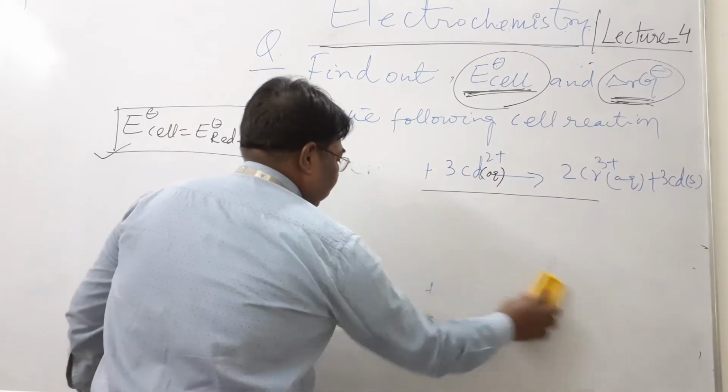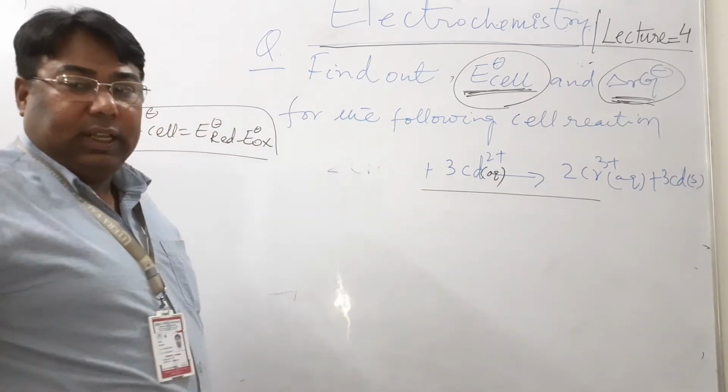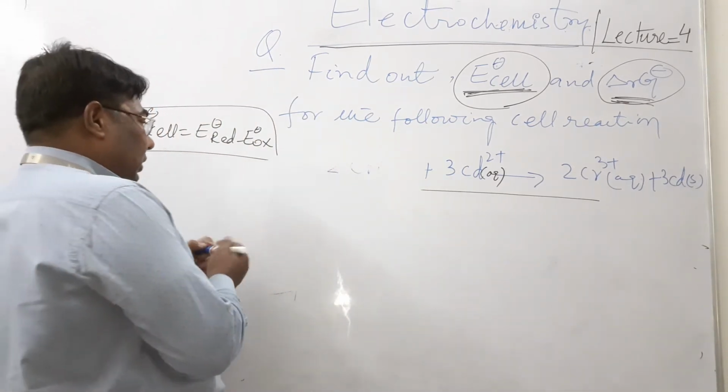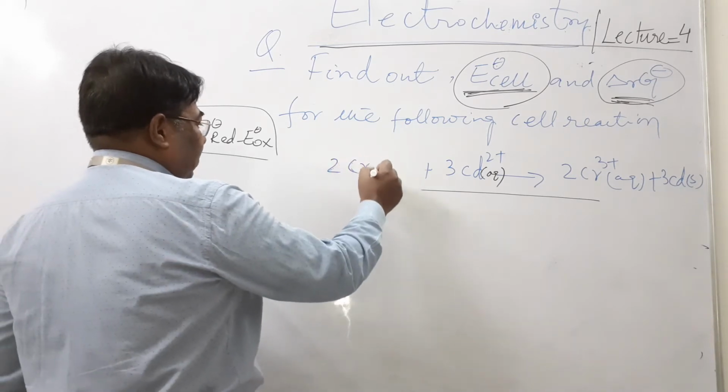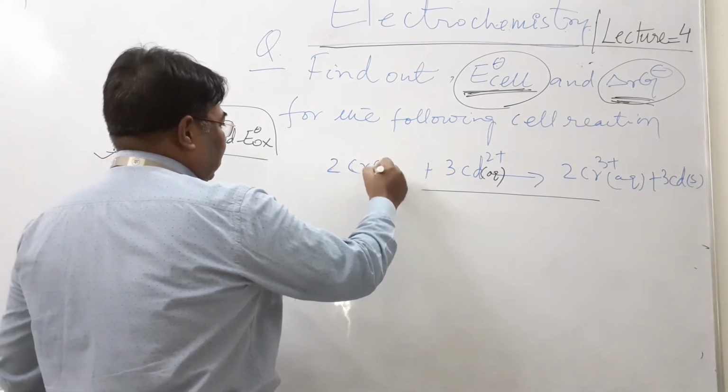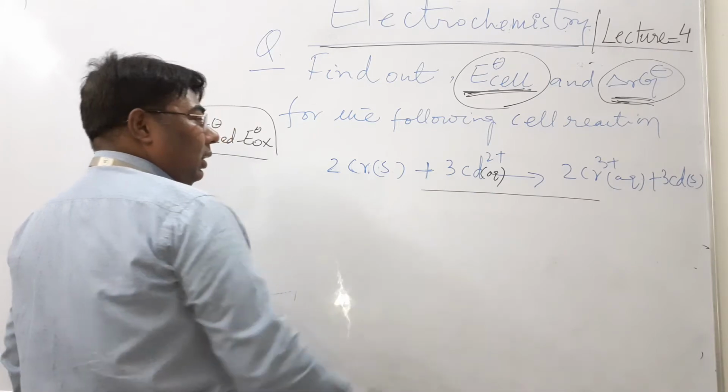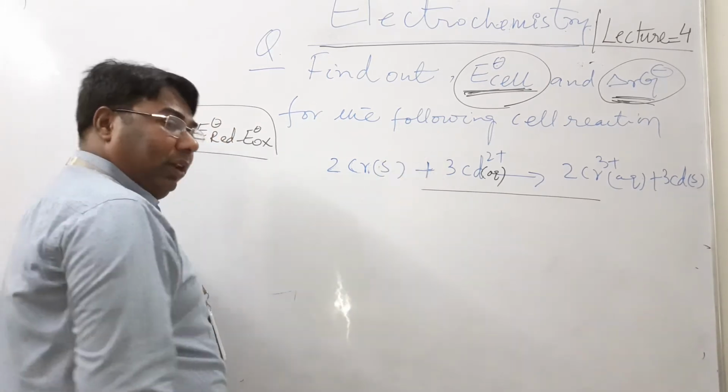First of all, we write down the cell equation. In the question, you see that chromium solid reacts with cadmium ions and forms this product.